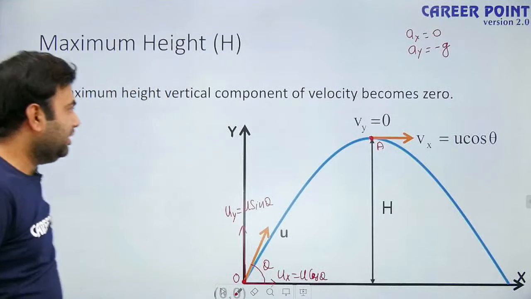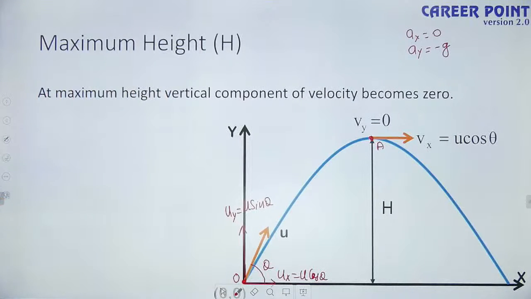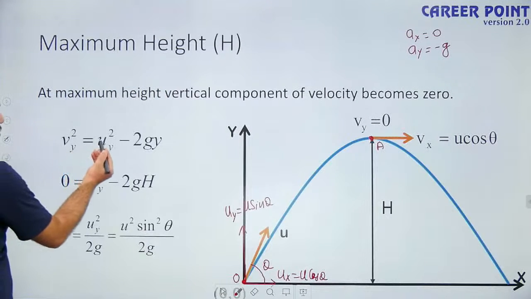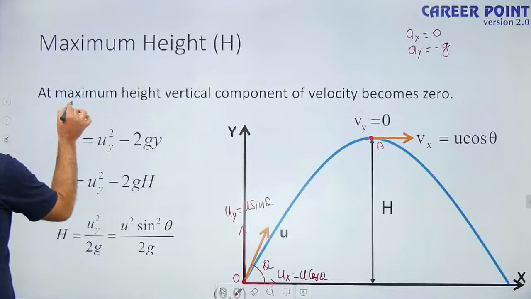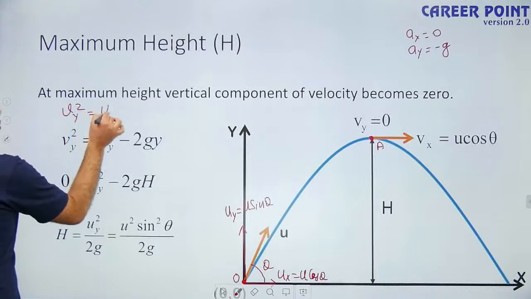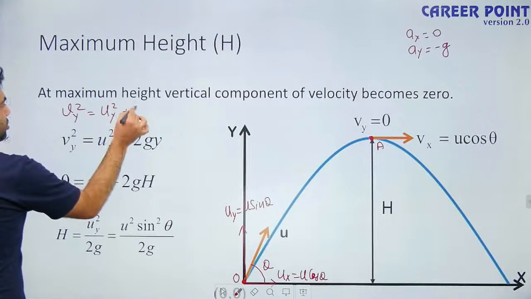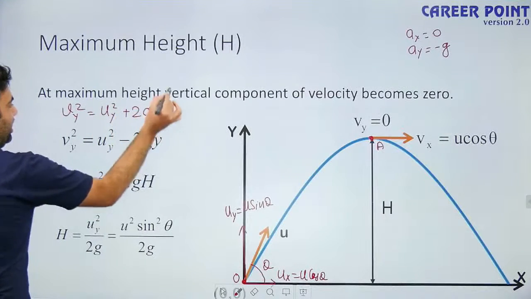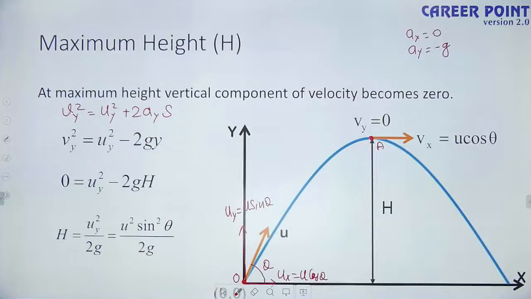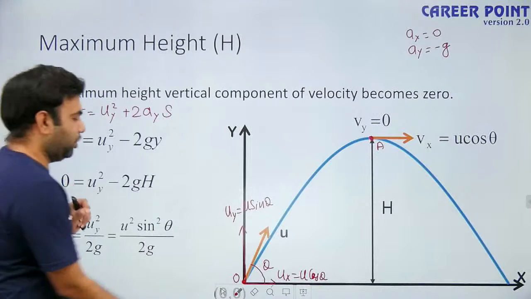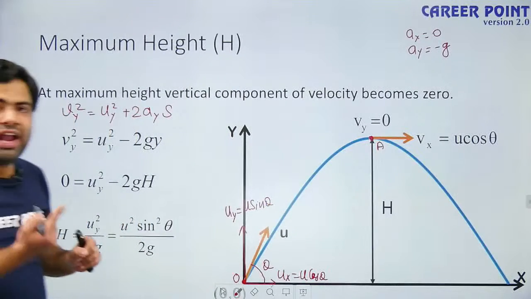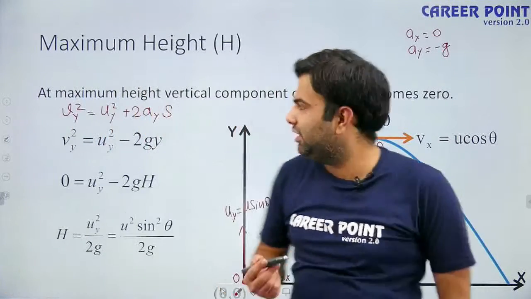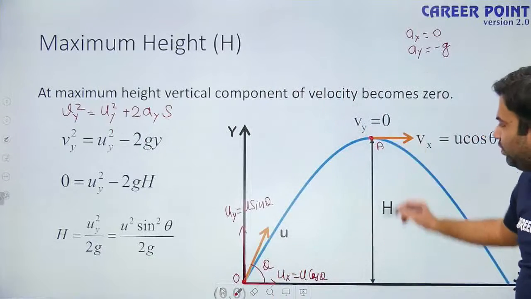So if I apply the third equation of motion, v square is equal to u square minus 2gy. Basically it is v square equals u square plus 2as. If I apply it from point O to point A in y direction, I can get the displacement in y direction.